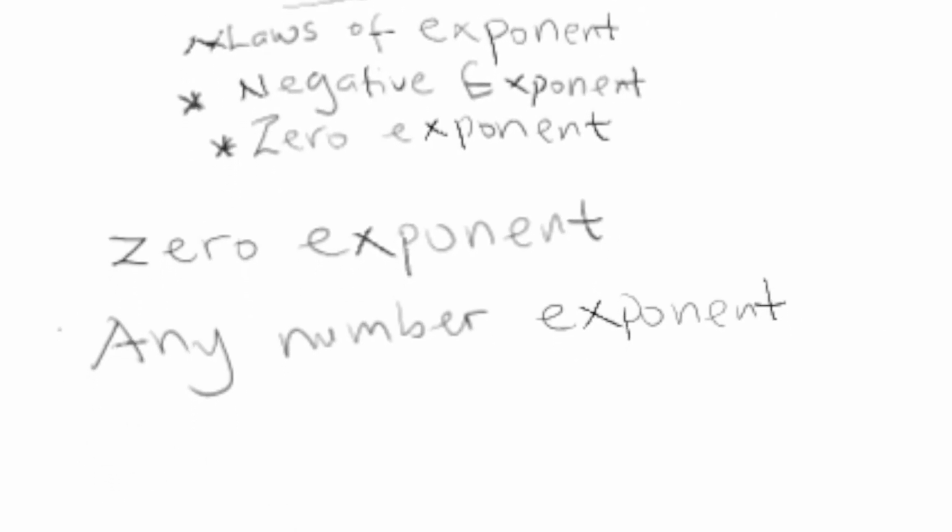Any number exponent or index 0 is 1. Another word that you can use for exponent is power, raised to the power.